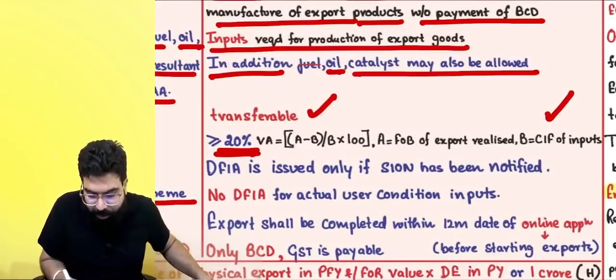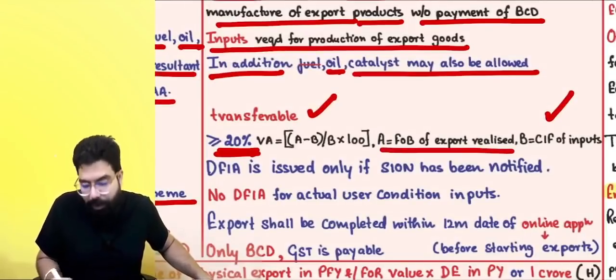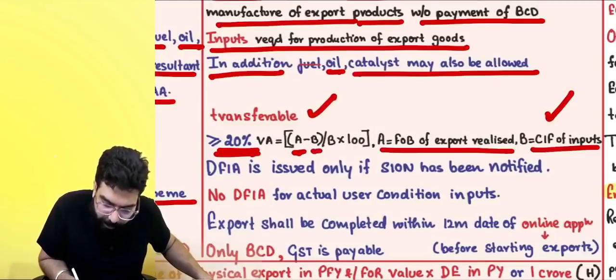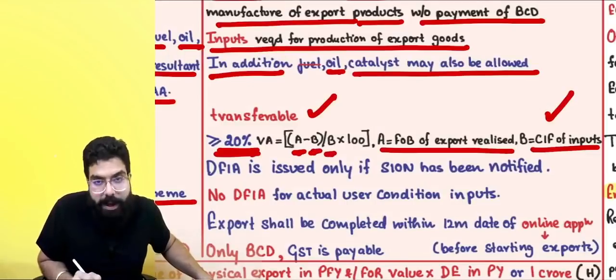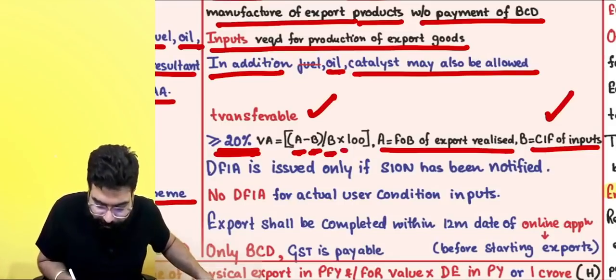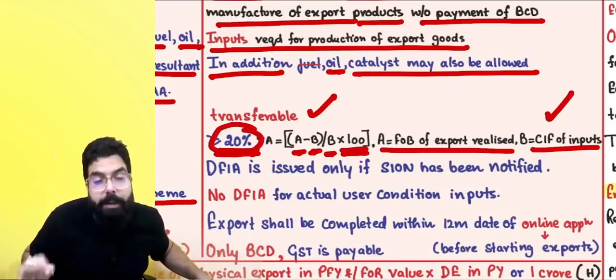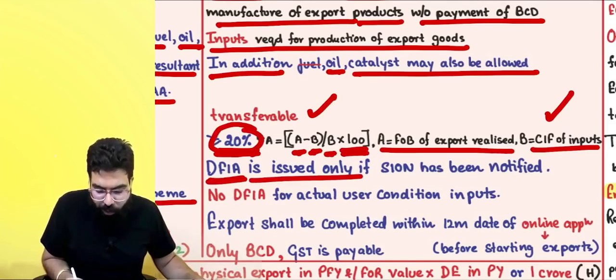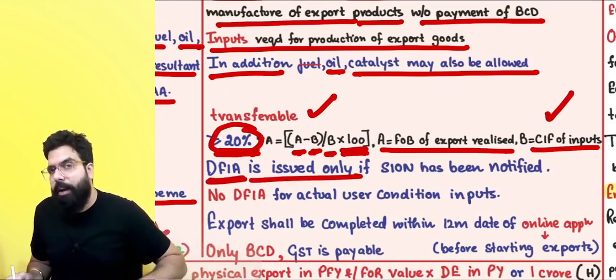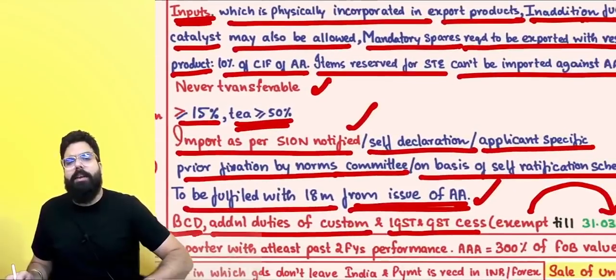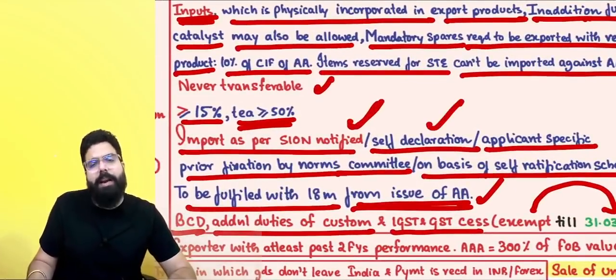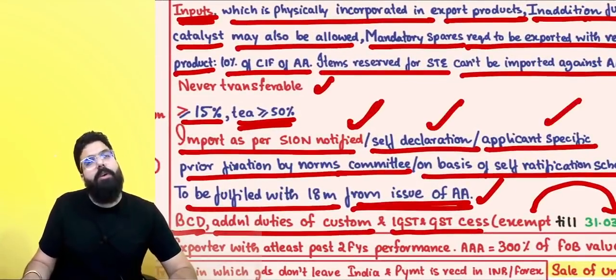Everyone see over here, they are telling FOB minus the CIF, divided by CIF will give you the percentage, and minimum 20% value addition should be there. Sir, DFIA is issued only if CON is there. See, advance authorization is issued if CON is not there, on the basis of self declaration or on the basis of fixation.